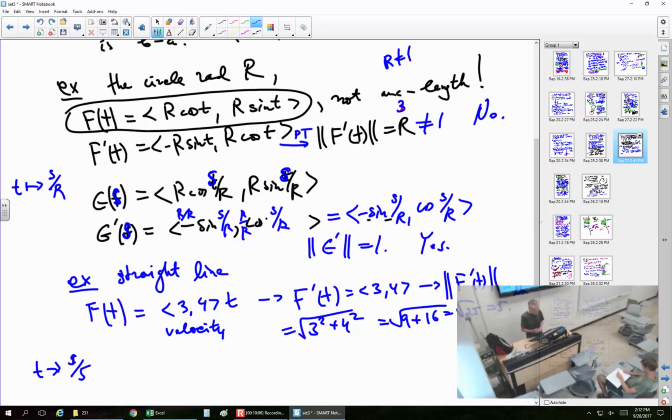Okay, and once again we have the same story. So g of t is 3, 4 times s over 5. This is s over here, and then I differentiate. So I have 3, 4. That part does not disappear. That does not change.